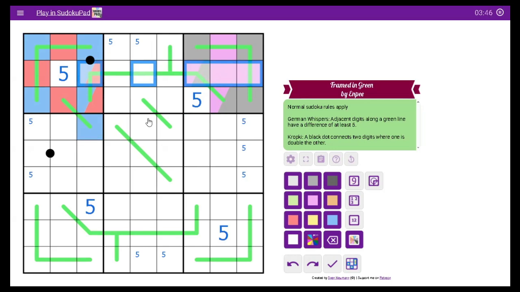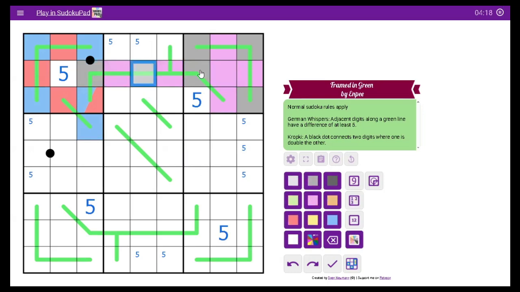There are only 4 digits in the low set, 1, 2, 3, 4, and 4 digits in the high set, which is 6, 7, 8, or 9. So therefore, these cannot be pink. So they are gray. Now this does interact, of course, with this. So I will just get rid of this and make it gray. That means this must be pink. That means these are pink.